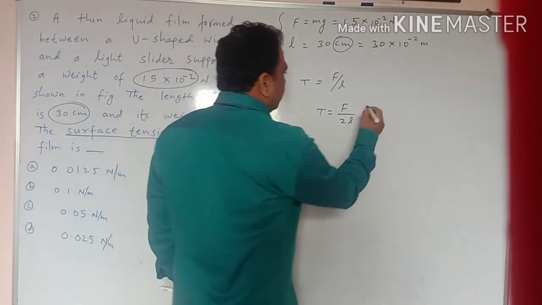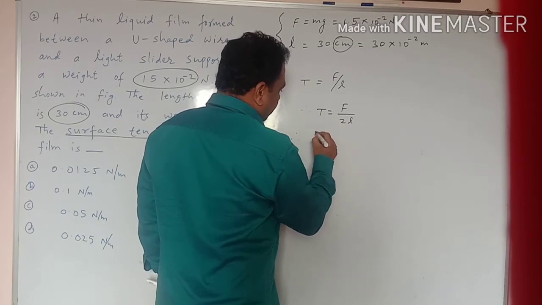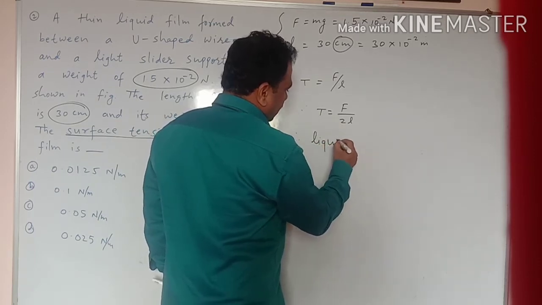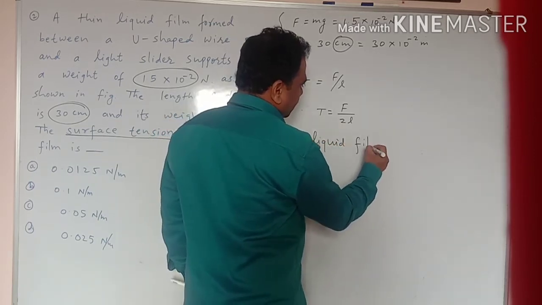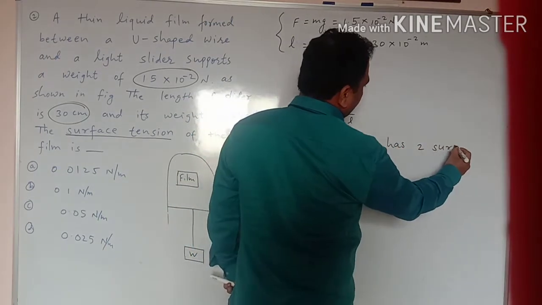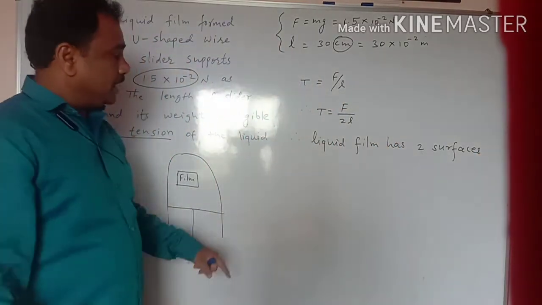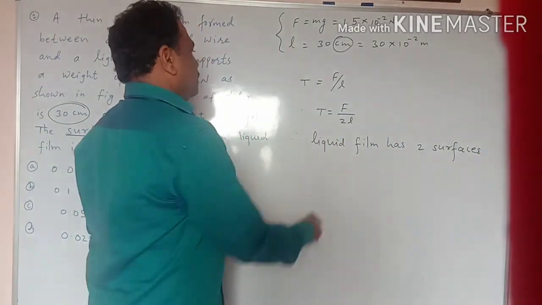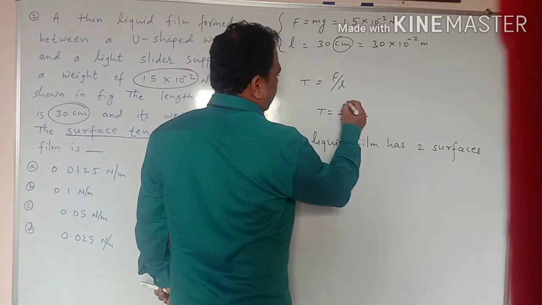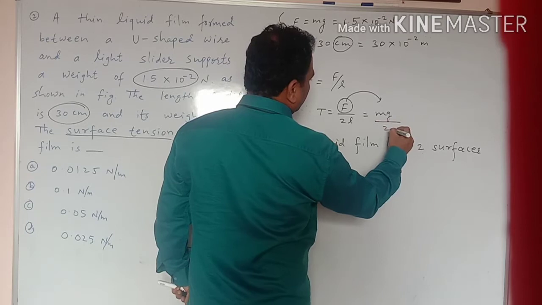Now why are we using 2L here? Because this liquid film has two surfaces, therefore we have to put 2 here. So our formula becomes F, which is mg, so mg upon 2L.